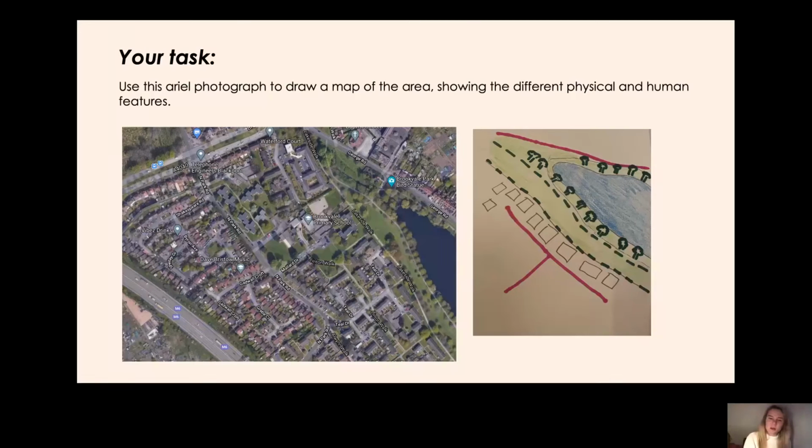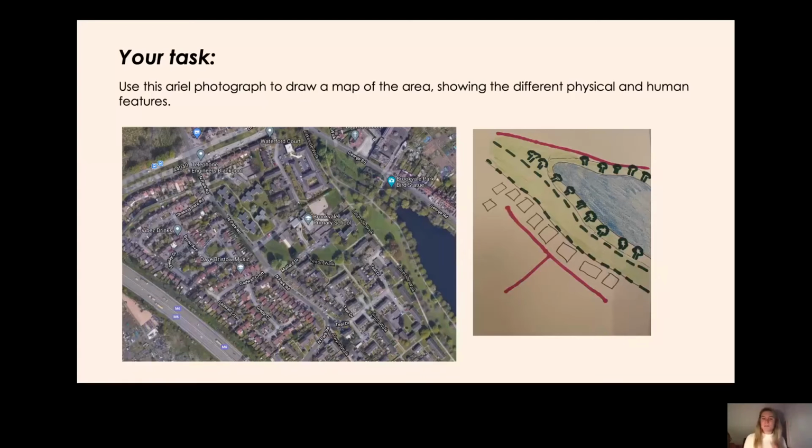And then next to the footpath, we have Teal Drive. Now, Teal Drive, I have shown using pink because it is a road. And then I have shown the houses on Teal Drive with rectangles or square shapes, okay? Now, you do not need to draw every single house on the aerial photograph, just a few, so that I know how you represent different features.